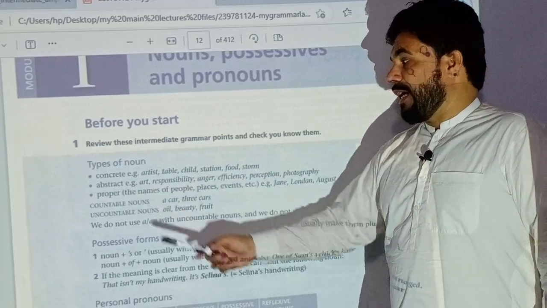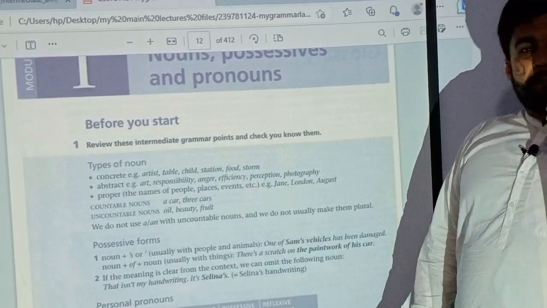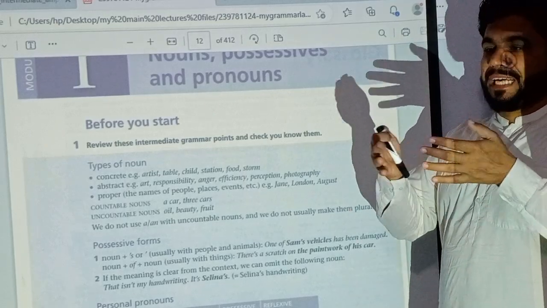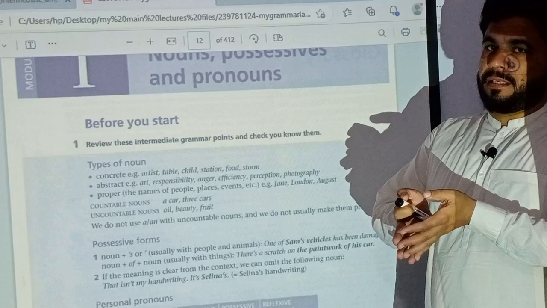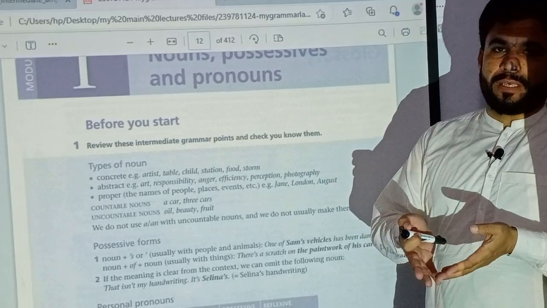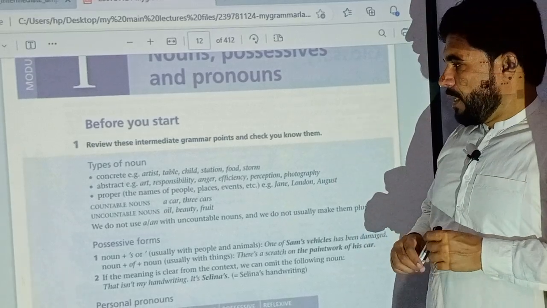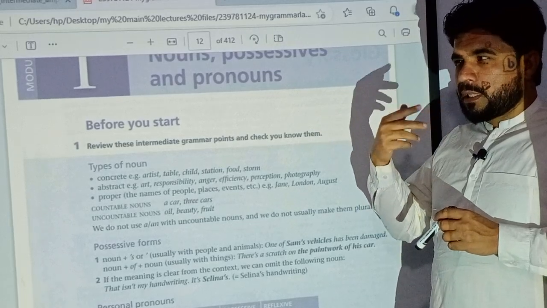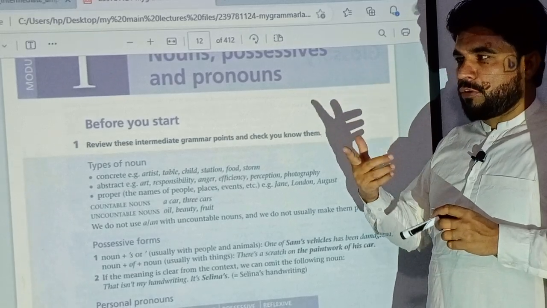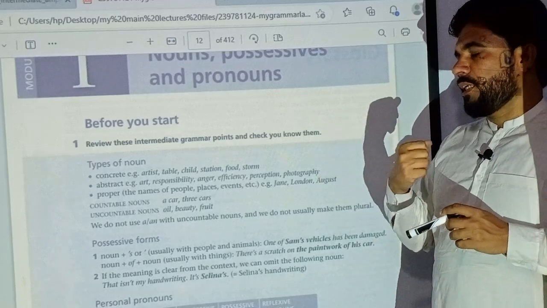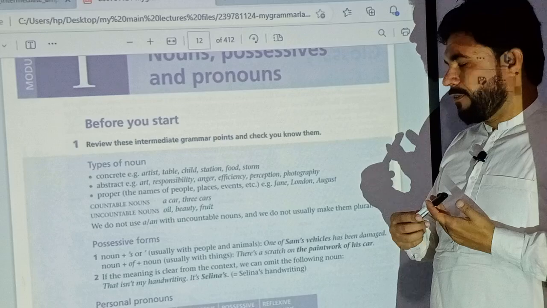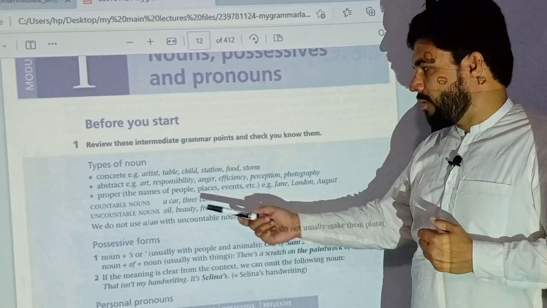And then we have abstract noun. Now an abstract noun is a noun that does not have a tangible existence. An abstract noun has no existence. For instance, art, which is a subject of study, or a concept or an idea of knowledge or interest and all that.